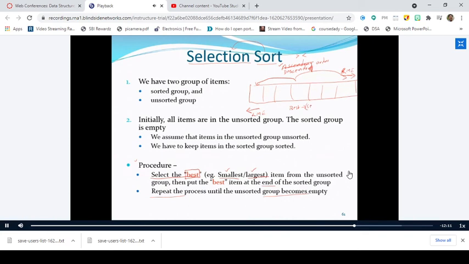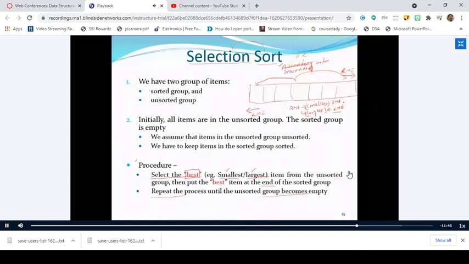Rightmost end. Right, when the best element is the smallest element that you are selecting, you have to move that element towards its rightmost end. And if the best element is largest, where you have to move? Left. Left. You move that largest element to the leftmost, right? This is how you implement the thing, right?